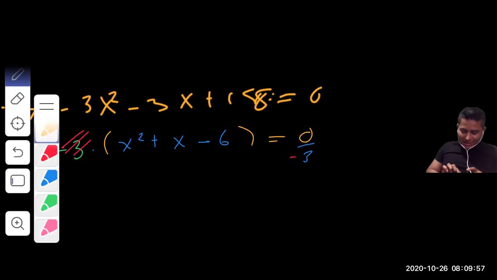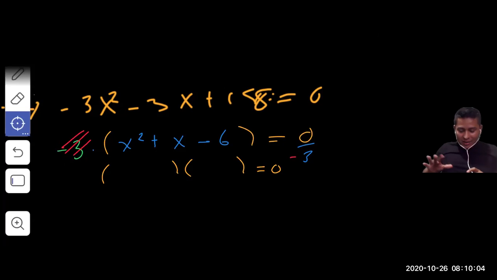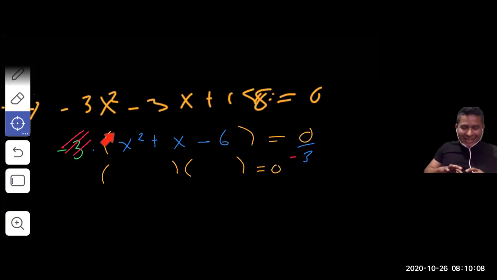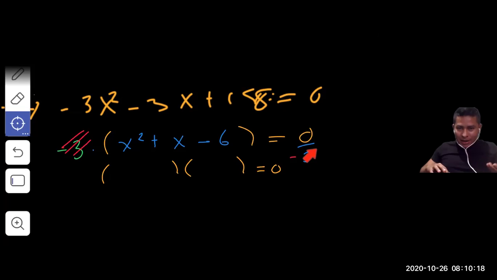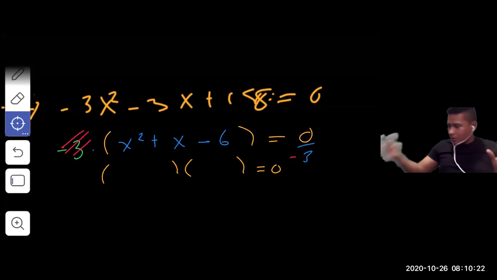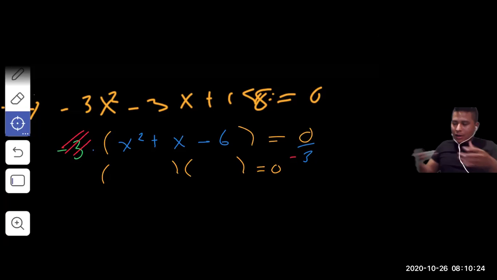Piece of cake, right? But you don't have to change the sign. In this case, you take it exactly like it is. Negative 3 is multiplying, and I don't want to have it here, so you move it to the other side, dividing, with the same sign. 0 divided by negative 3, you can use a calculator, you're going to get 0.